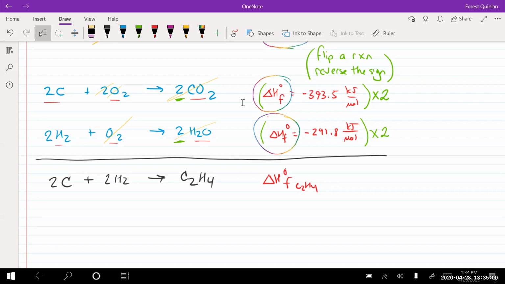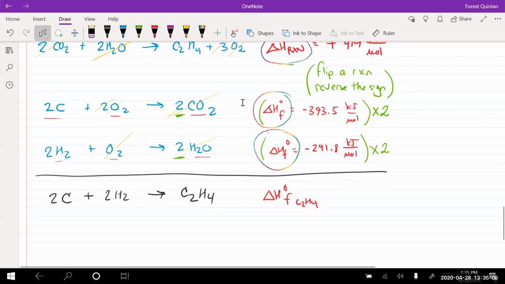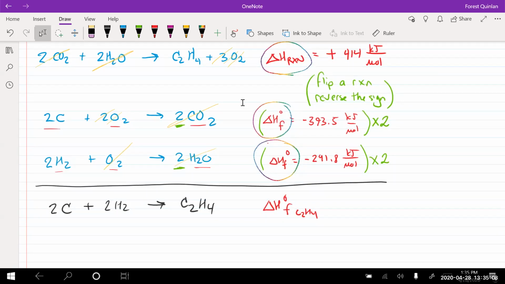We're just doing the same sort of thing here. So if at the end of the day, these 3 reactions as written add up to the one we want, we'll just take all of their H's and add them up.